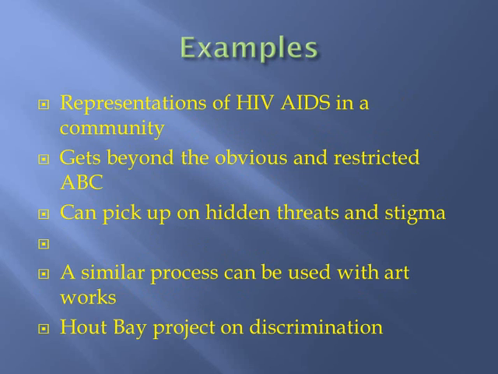Okay, examples of representations of HIV/AIDS in the community get beyond the obvious and restricted ABC. They can pick up on hidden threats. Stigma is often a big issue. So a person might find photographs to indicate stigma.